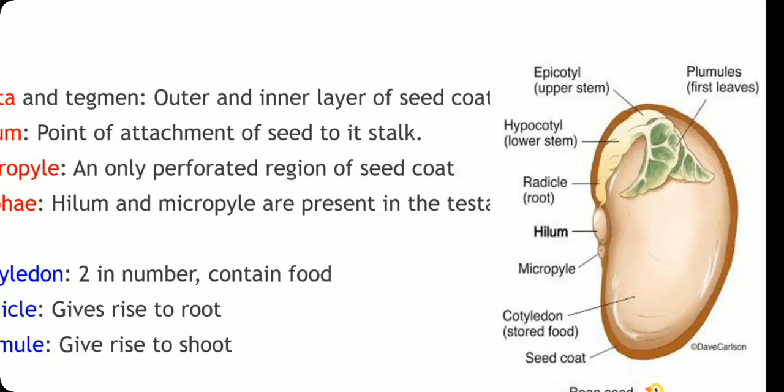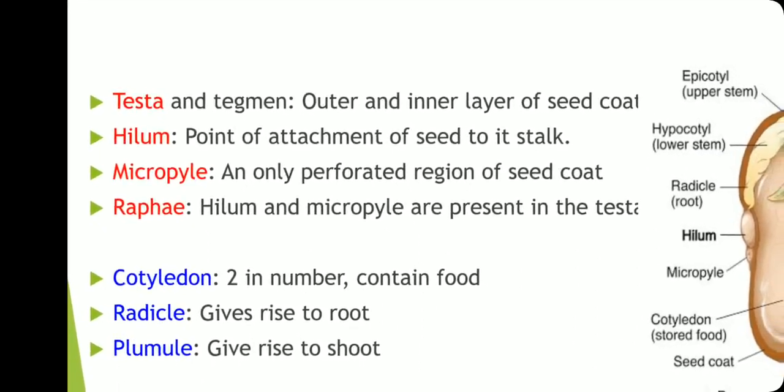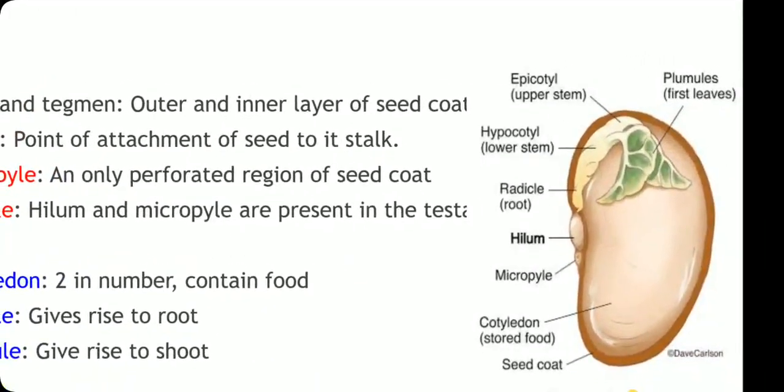This testa also protects the delicate inner parts of the seed from injury and from insects. And tegmen is the inner layer of the seed coat, thin and next to the testa, and it is also protective in nature.